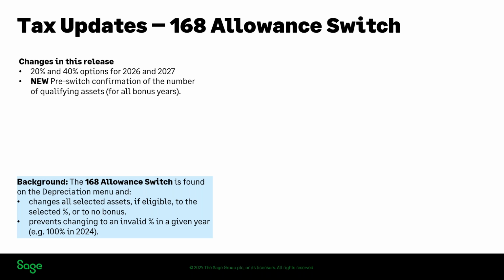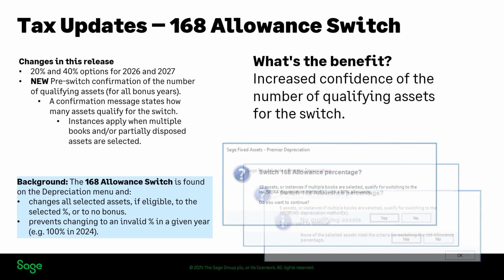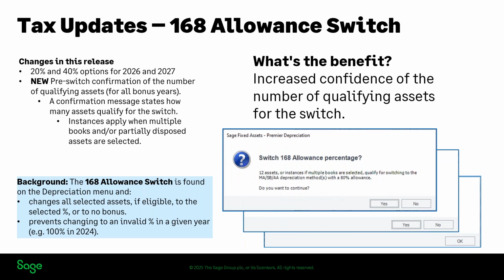It'll appear for any year that you're switching assets for, any tax year. And this can give you the increased confidence of the number of qualifying assets for the switch that you've selected, an additional confirmation.